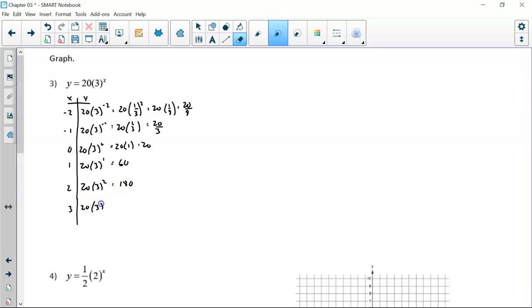And 20 times 3 to the 3rd, 3 to the 3rd is 27, times 20 is 540.